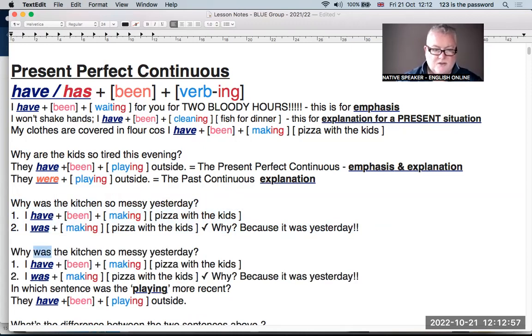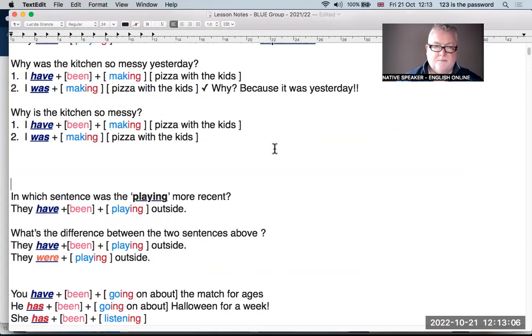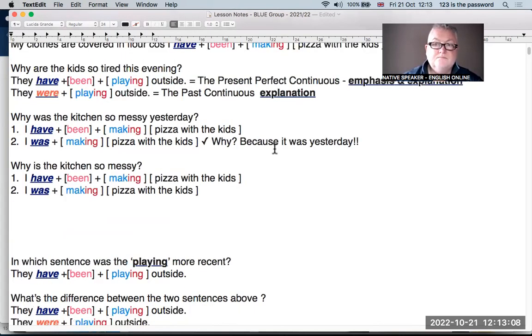Why is the kitchen so messy? What's the correct one? The first one. Yes. Why? That is recently.